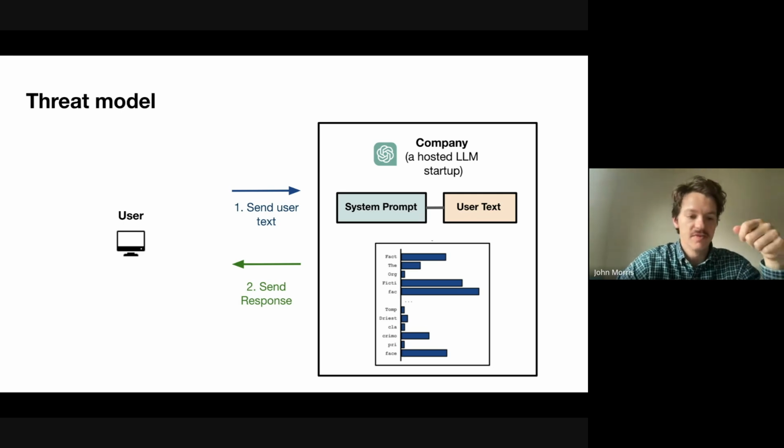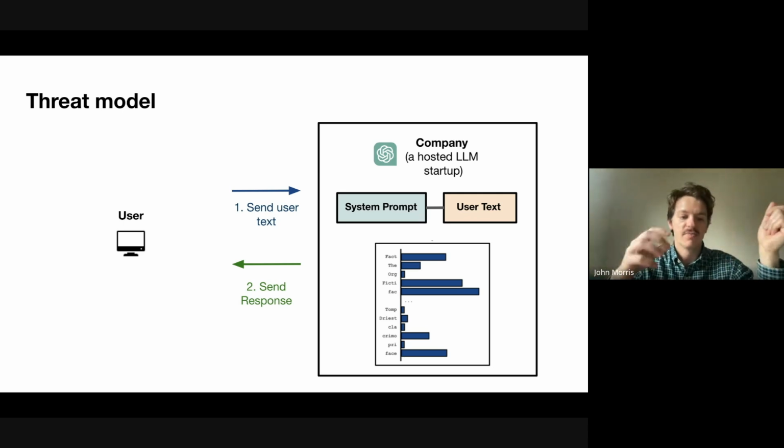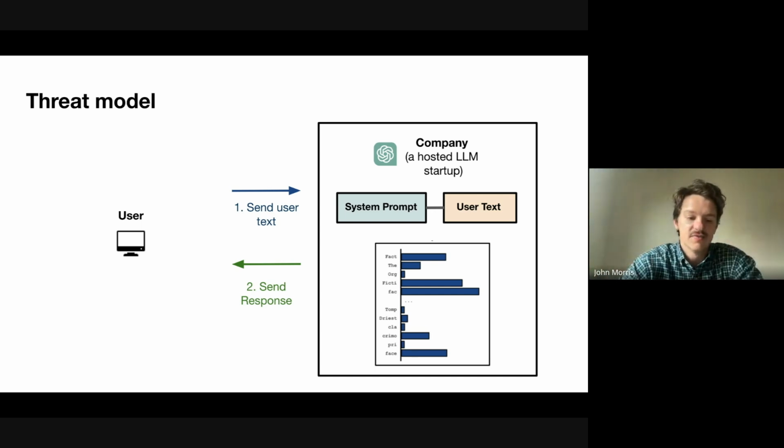And this comes from millions of dollars of intellectual property that you've compressed into a system prompt. This would be a scenario where you want your system prompt to stay hidden. And it's not really clear how much information is leaked from the language model outputs of ChatGPT and whether that system prompt could actually be inverted.